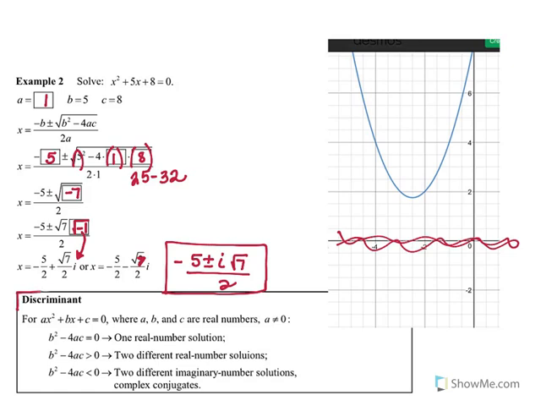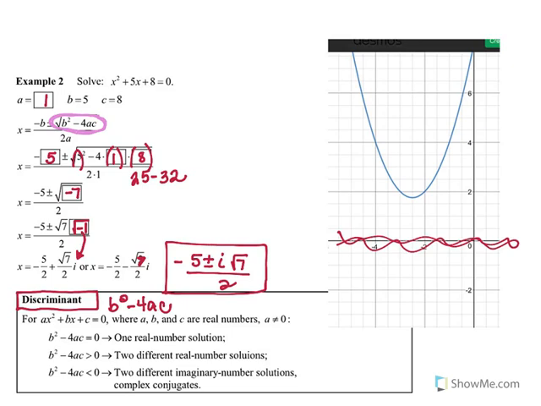Let's quickly talk about the discriminant. The discriminant is the b squared minus 4ac. So when I'm looking at the quadratic formula, it's the part that's inside the radical. It tells us one of three things.